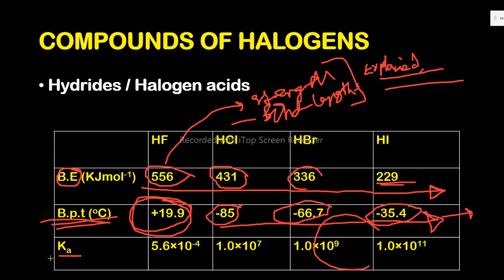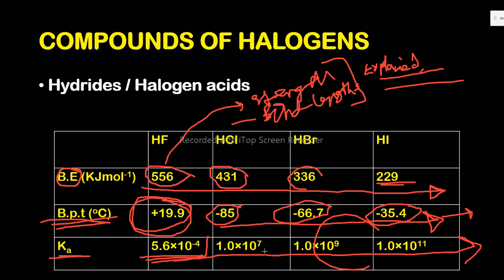Then for the Ka, or the acid dissociation constant, we are seeing that the acidity is increasing down the group. You see with this one, the Ka is just 5.6 times 10 power negative 4.